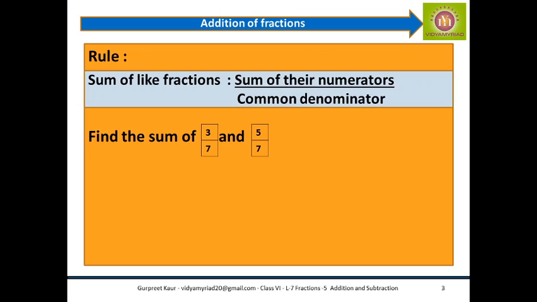I have to find its sum. Sum means I will add them. So I will just simply see the numerator. Numerator is 3 and another is 5. So I will simply do 3 plus 5 upon 7, which is equal to 8 upon 7. So like fractions, just see the numerators, add it and write the common denominator.